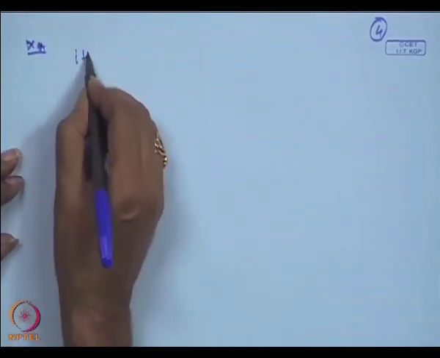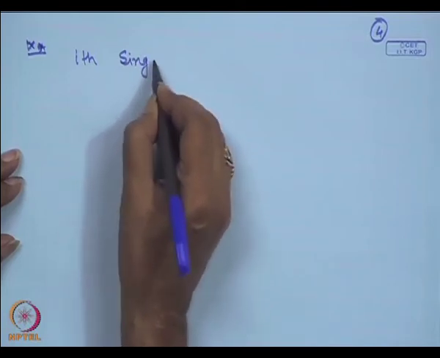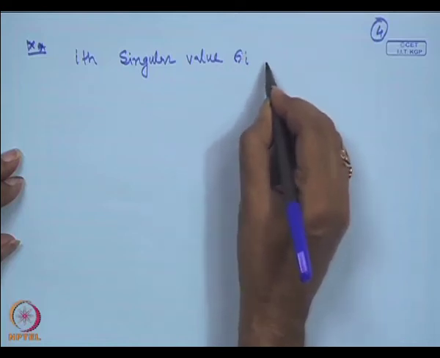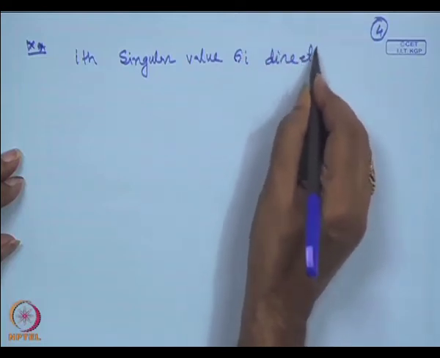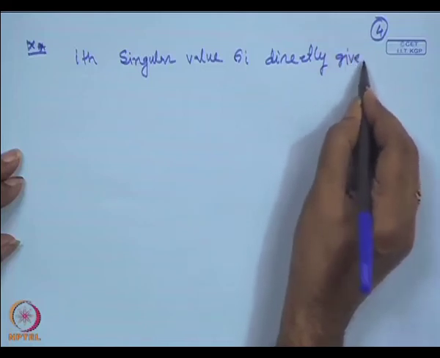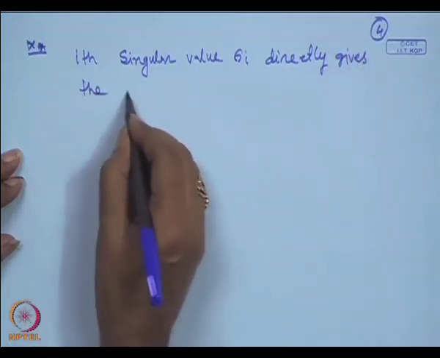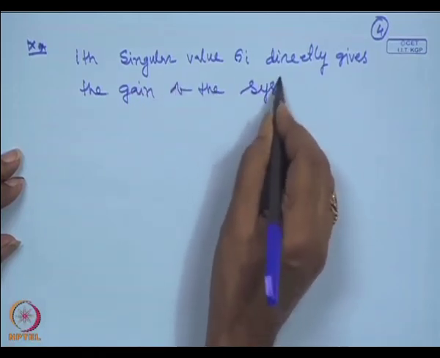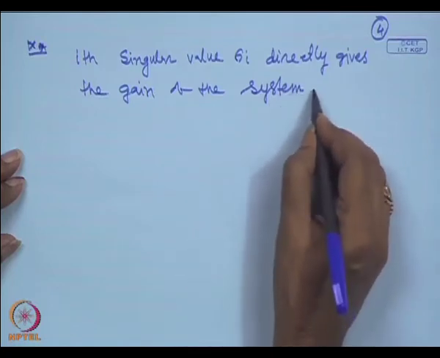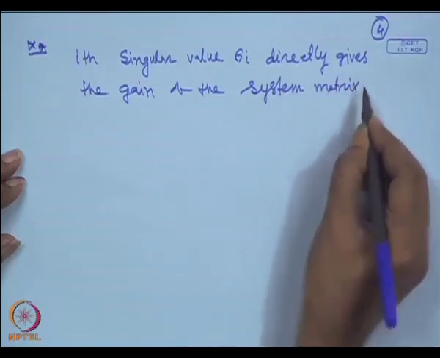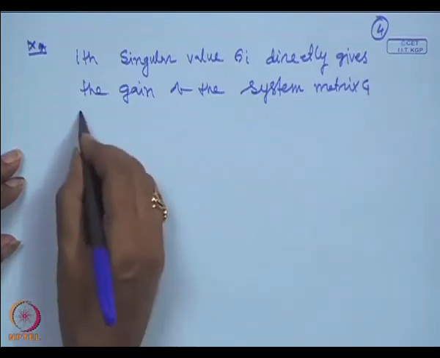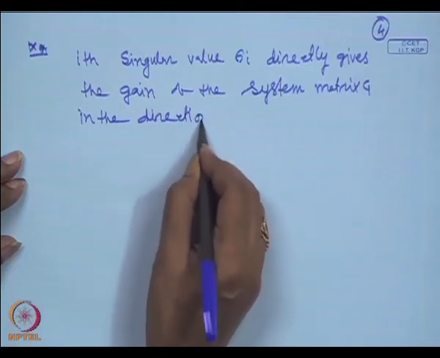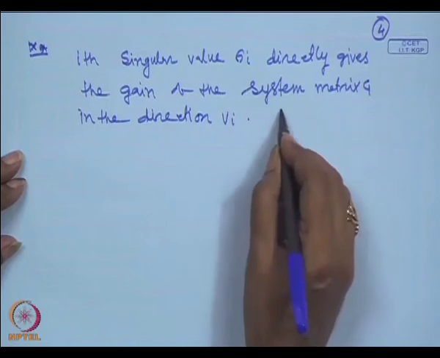Note, the ith singular value sigma i directly gives the gain of the system matrix G in the direction V i.